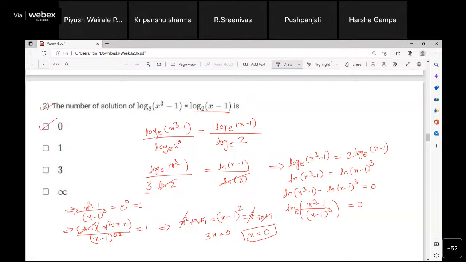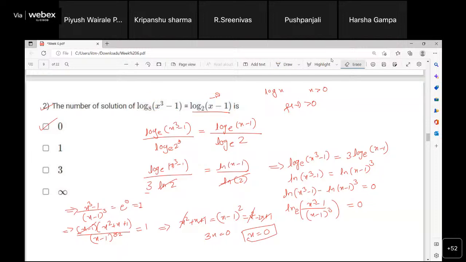So here I am getting x equals 0 for this particular expression. But if I see my original function, what is the domain of this function? If I put x equals 0, it will become negative, right? In the log function, f of x should always be positive. So this is not valid, it is not in the domain of this particular function.